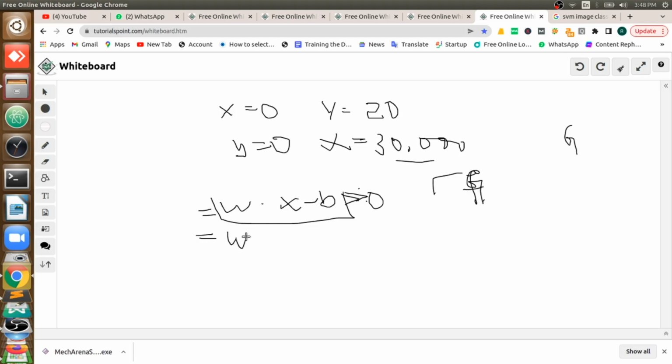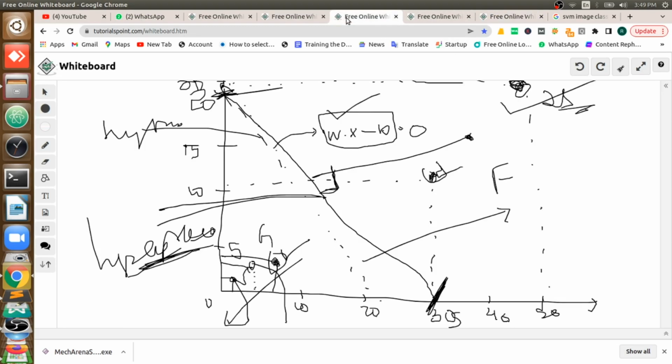Then you expand it, w1 x plus w2 dot y minus b. Now take any random point on your graph. I will take some different data, say x is 5000.